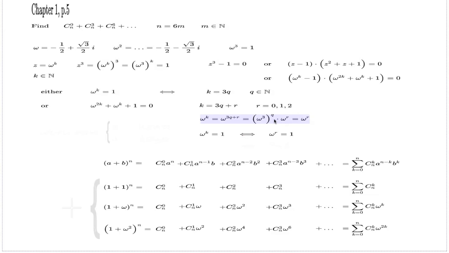But r, remember, was just the remainder of the division of the number k by 3. And so this r is either 0, 1, or 2. And out of these 3 powers, only 0 delivers 1. Look at this, we computed it up here. This is omega to the power 1, it's not the identity. This is omega to the power 2, it's also not the identity.